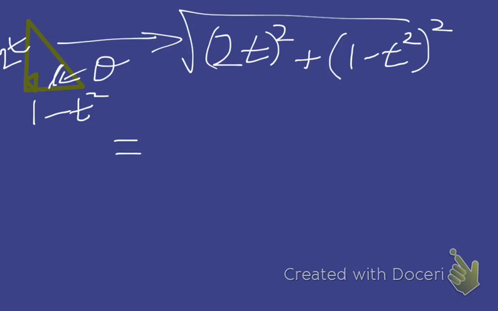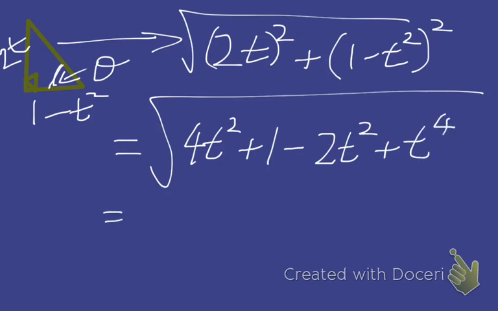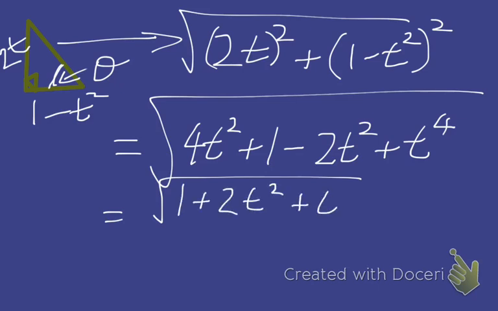Okay. If I expand the things in the square root, so I get 4t squared plus 1 minus 2t squared plus t to the 4, which is the same as 1 plus 2t squared plus t to the 4, and that should look familiar.